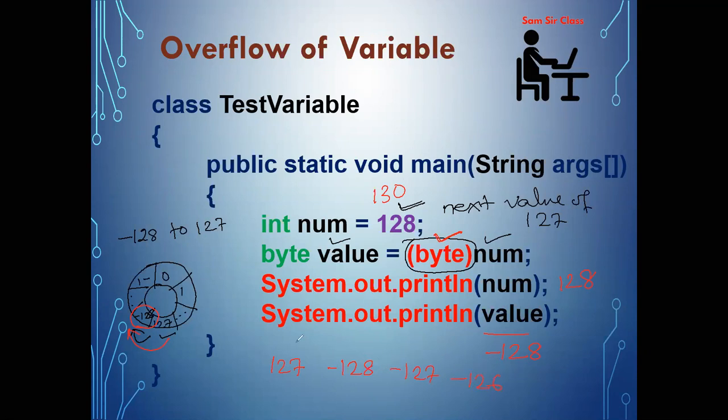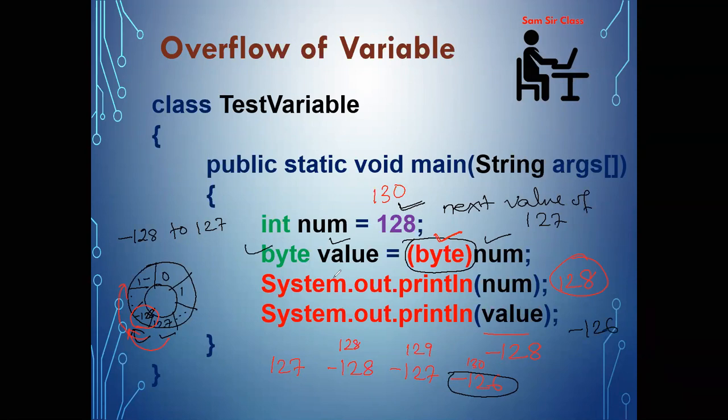Clear? So you will get the output of integer as 130, not a problem. But whenever you are converting to byte, the cycle will go on. So this will be considered as 128, 129, 130. So what is 130? 130 is minus 126. So you'll get the output as minus 126 in byte type. Clear? So this is what overflow of a variable is.